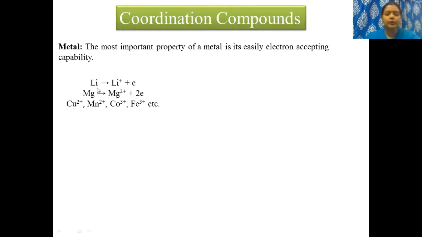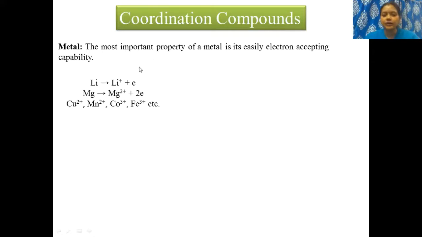It is a group 1 metal which in solution gives us lithium plus and an electron. This lithium plus has a vacant orbital which will accept electrons. Similarly magnesium in solution will give magnesium 2 plus and 2 electrons. Similarly copper 2 plus, manganese 2 plus, cobalt 3 plus, iron 3 plus, etc.